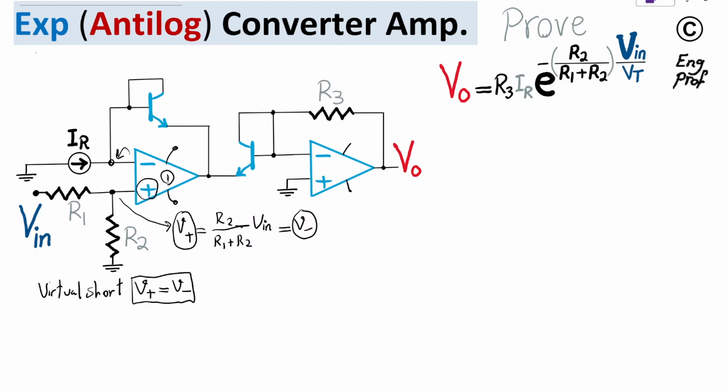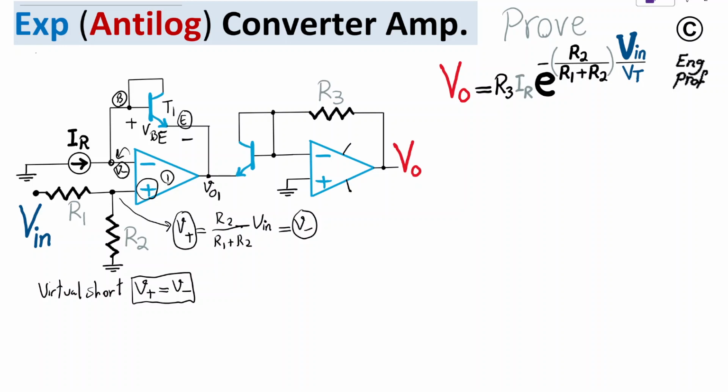Okay, so what is the benefit of that? Well, from that node, you can see that we have a plus minus VBE across this transistor T1, VBE from base to emitter. B indicates base here, and E indicates emitter here. So VBE, we go from the voltage at the negative terminal by VBE down to the output of op-amp 1.